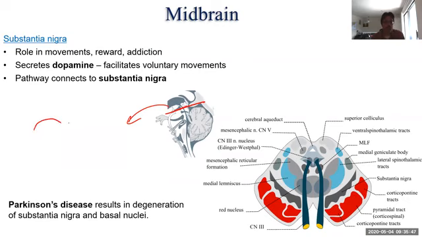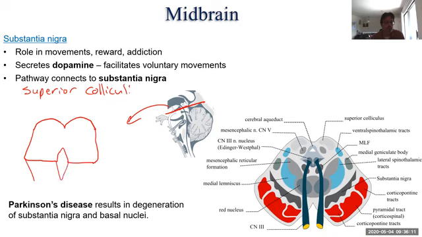On the back, we have our little bumps, bump, bump. Those would be the superior colliculi. And then on the front, you would have the cerebral peduncles. Something like this.